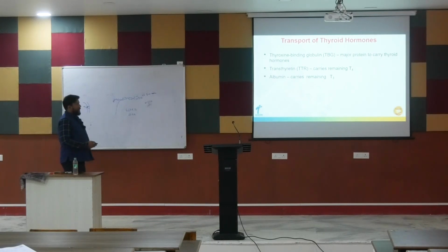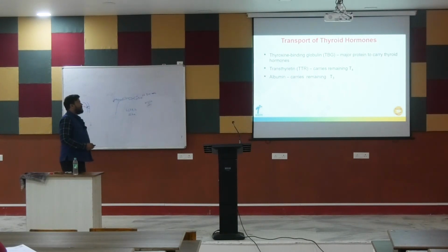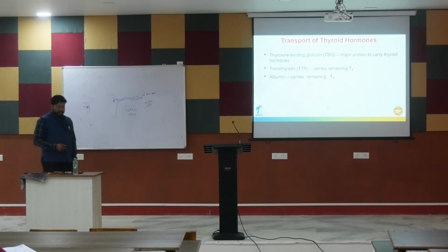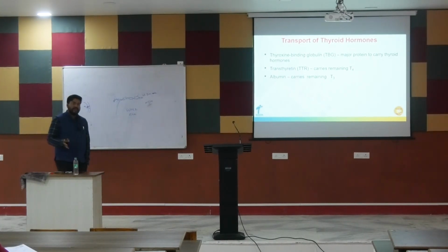Now transport of thyroid hormones. Thyroxine binding globulin, TBG, is the major protein to carry thyroid hormones. Transthyretin is another protein that carries the remaining T4 and albumin carries the remaining T3. So T3, T4 normally circulate in blood as 99% bound form and 1% free form.